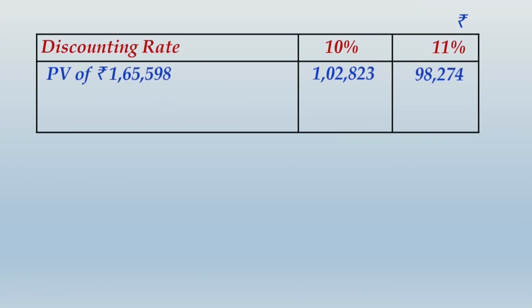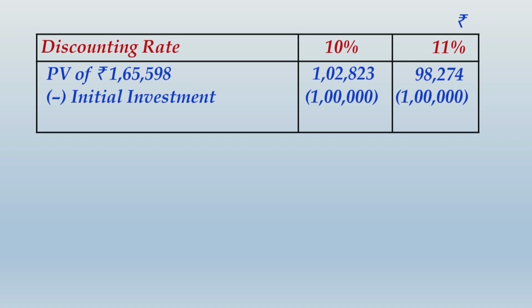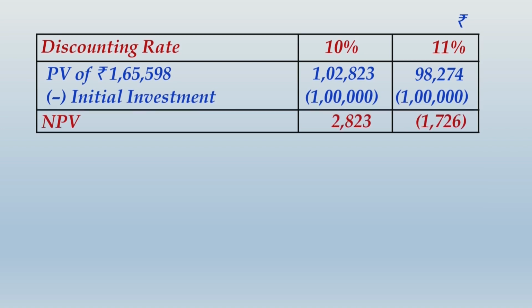The present value of that 165,598 at 10% discounting rate comes to 1,02,823, and at 11% it comes to 98,274. From this, if we subtract initial investment, we get the resulting NPV as positive 2823 and negative 1726.